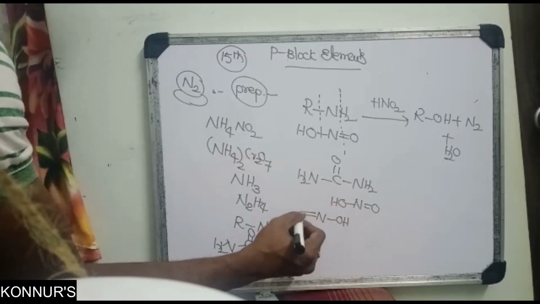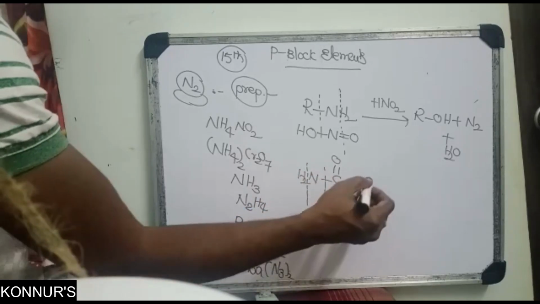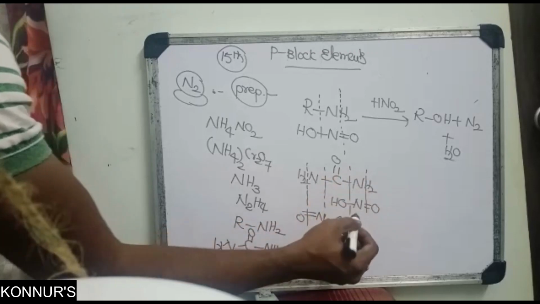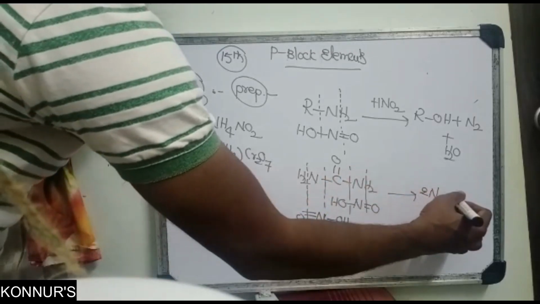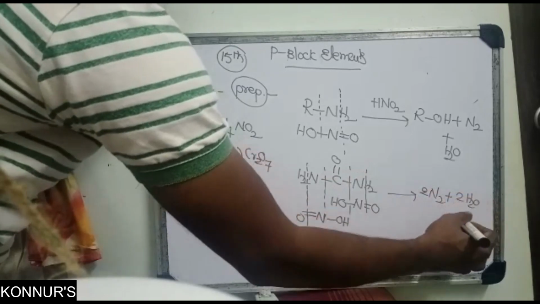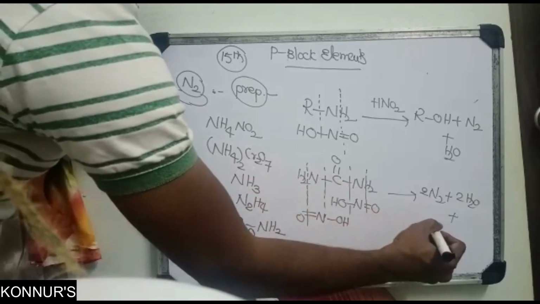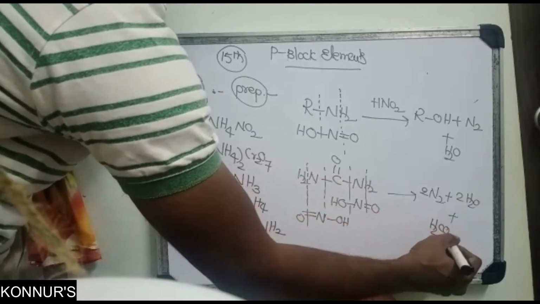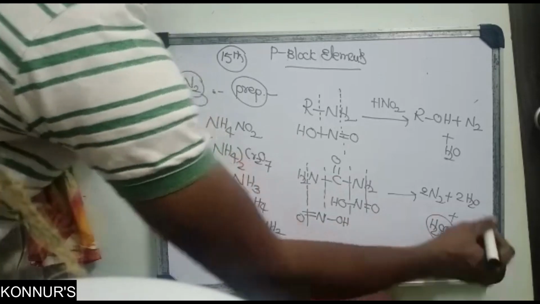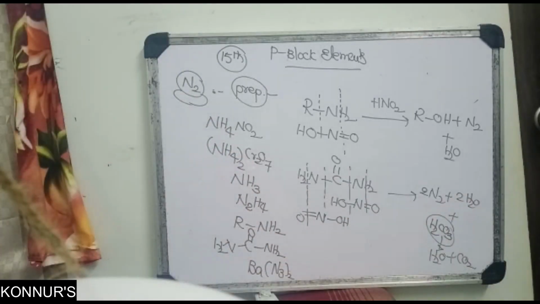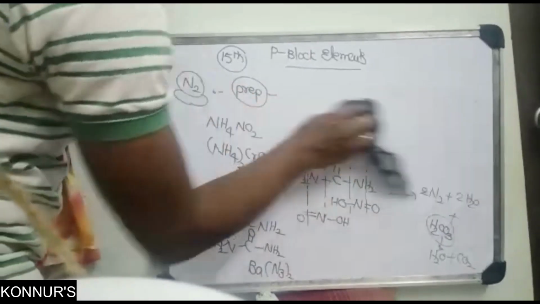Here H2O and N2 are eliminated, and you get 2 moles of N2, 2 moles of water, plus CO connected with 2 OHs, so H2CO3, which you can write as H2O plus CO2. These two are organic chemistry.